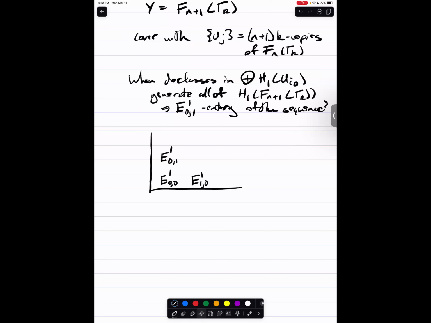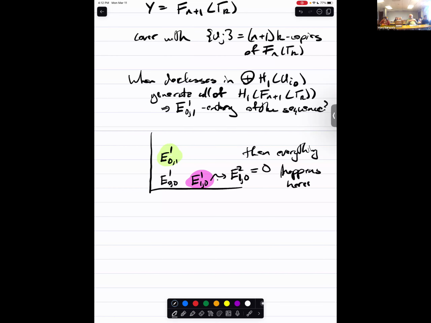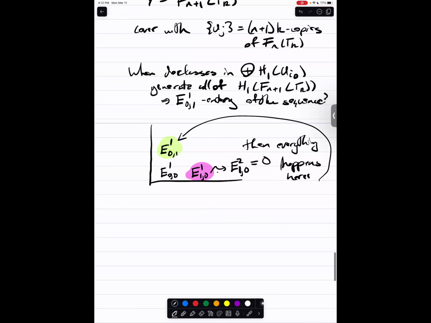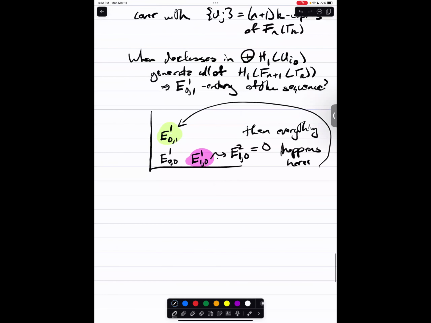And right, if everything is generated in this top entry, the only way anything could be interesting is, when we go to the E2 page, if E2 of 1, 0 is equal to 0, then everything happens in this E1, 0, 1 entry. And so we want to determine when the E1, 0 entry is going to be equal to 0.